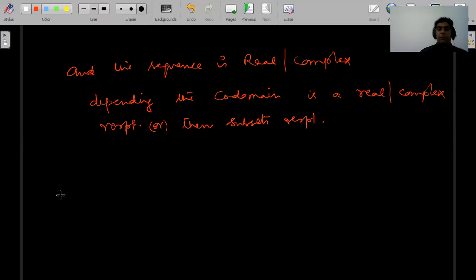Okay, so these are called real sequences when X is equal to R. These are called complex sequences when X is equal to C.